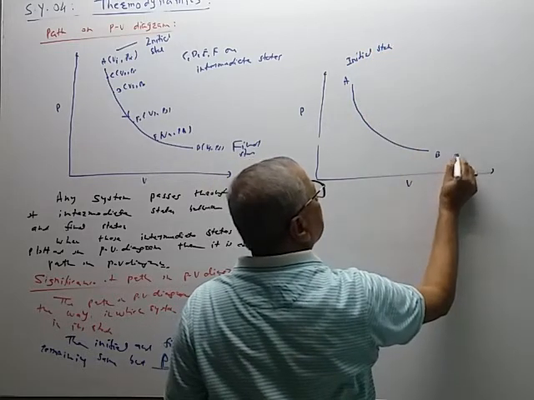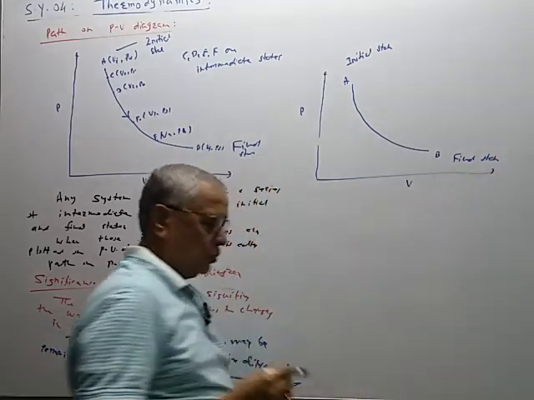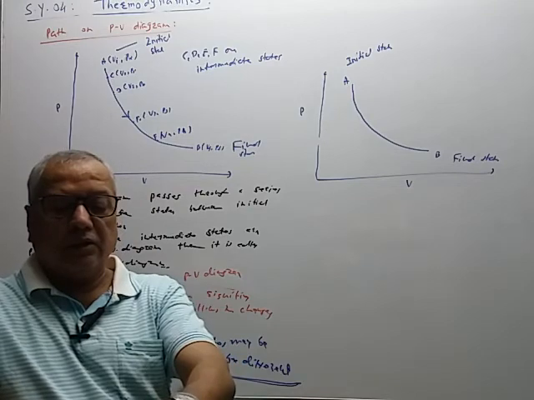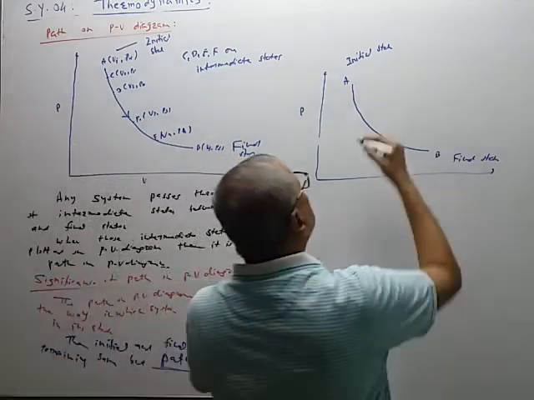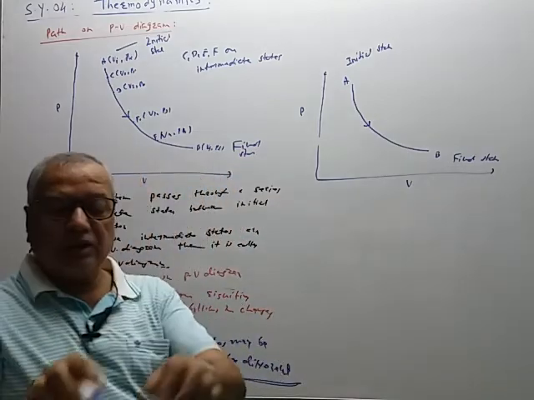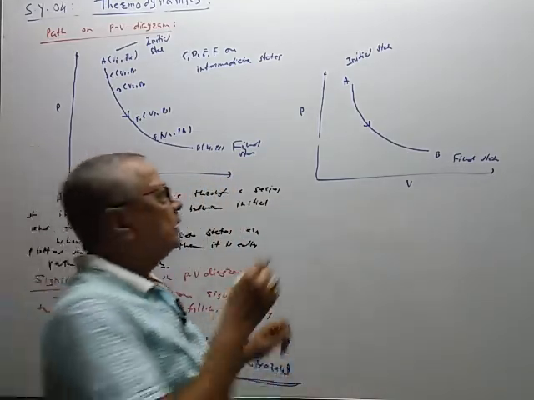This is the final state. So it may go from A to B along this path, like this. The system can also change like this.